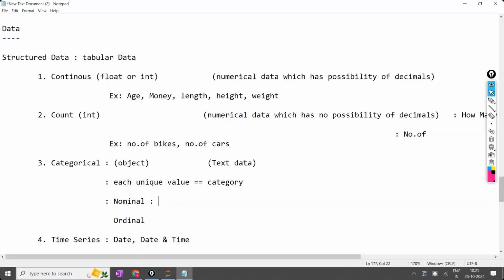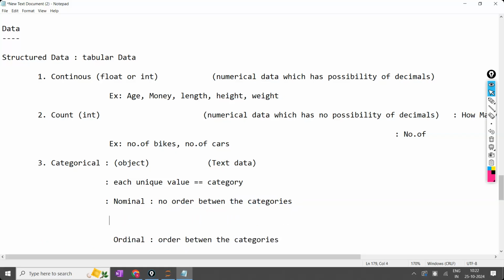Nominal means there is no order between the categories. If there is no order between the categories, it comes under nominal. If there is an order between the categories, it comes under ordinal.